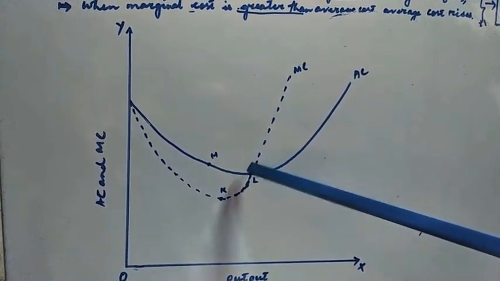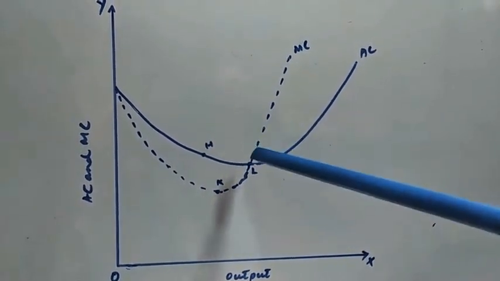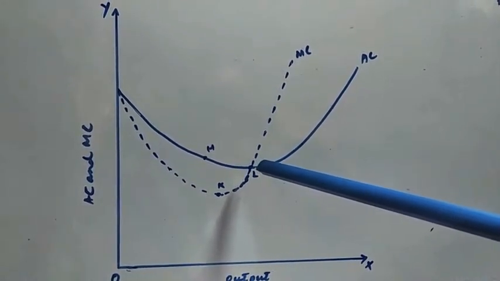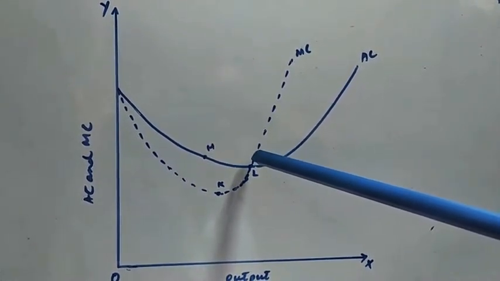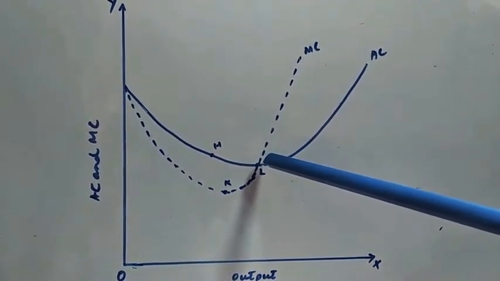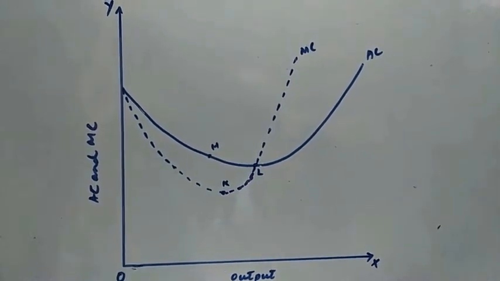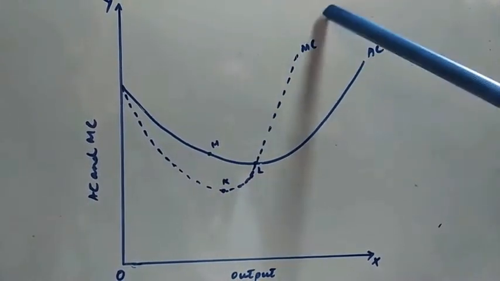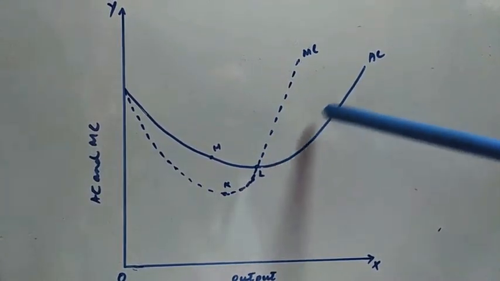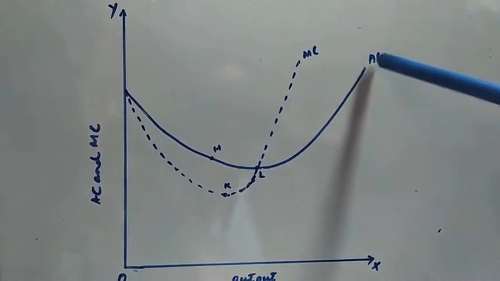So it follows that point L is the minimum point of average cost. The MC curve cuts the average cost curve at the minimum point of average cost curve.